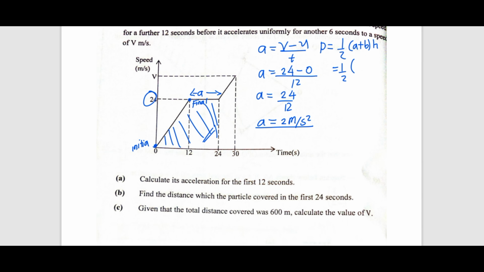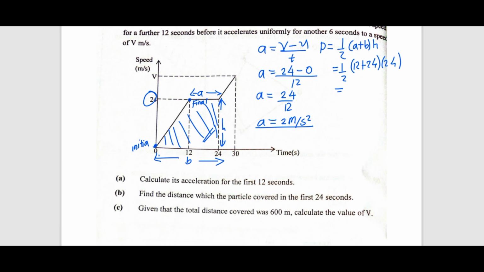This is our A. So from 12 to 24 is 12 plus the base is here, from here up to here. This is our base, so we just get 24. Then the height is here, from here up to here is our height, which is also 24.